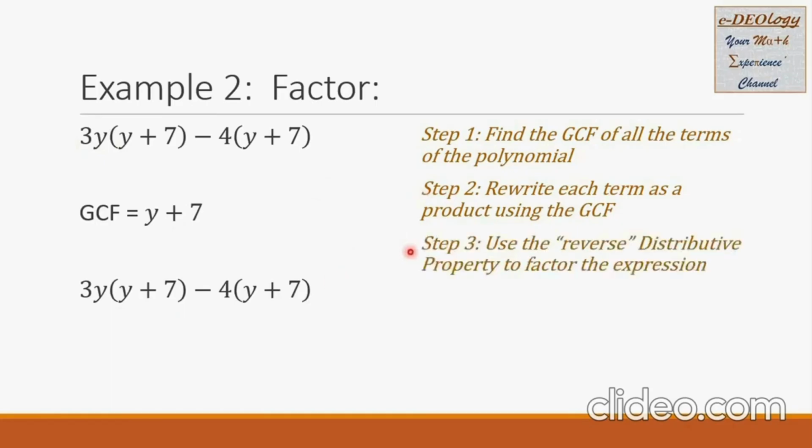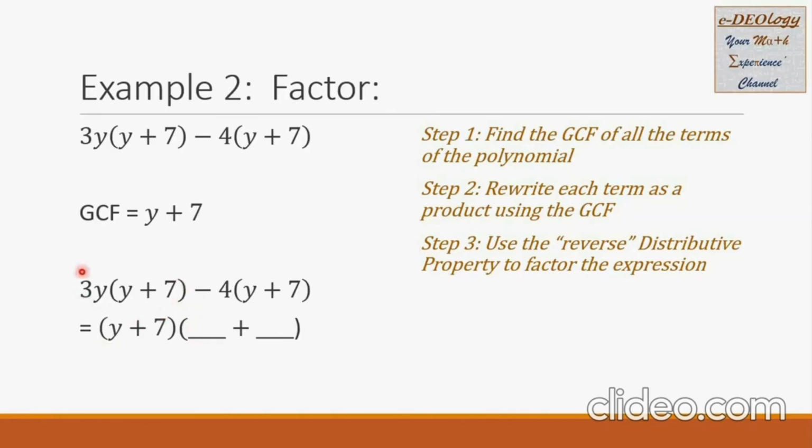In step 3, use the reverse distributive property to factor the expression. So we're going to remove first the GCF. Removing the GCF here, we expect two terms in the second factor. In the first blank here, I'm going to write the remaining term after removing the GCF.